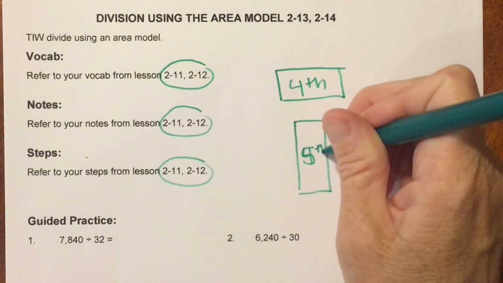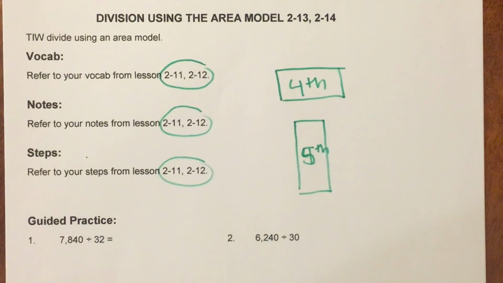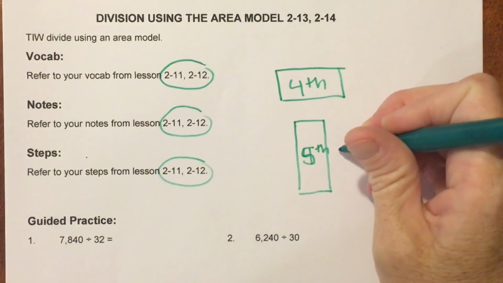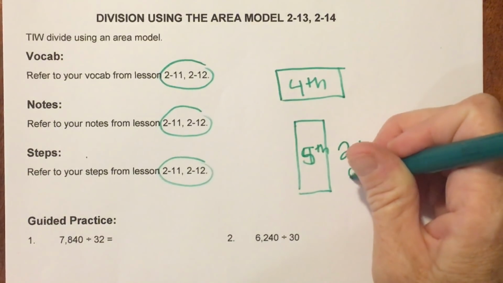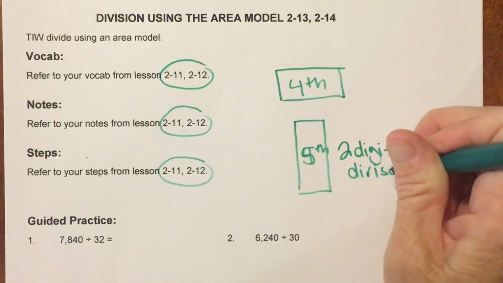The other difference from 4th to 5th grade is in 4th grade, you had what we called a single digit divisor. So your divisors, these numbers which you're dividing by, were always one digit. In 5th grade, we're mainly going to see 2-digit divisors.